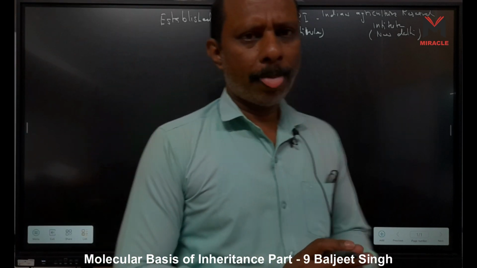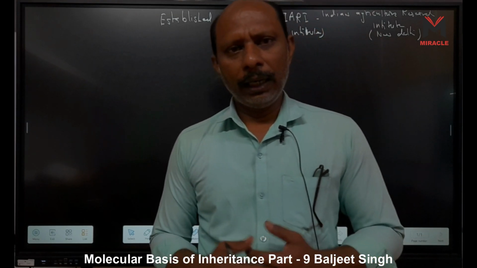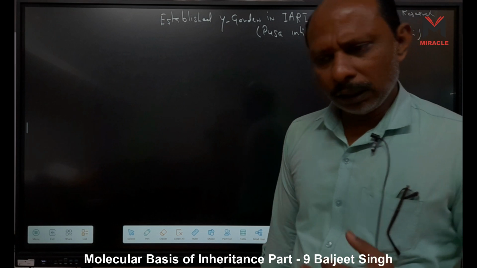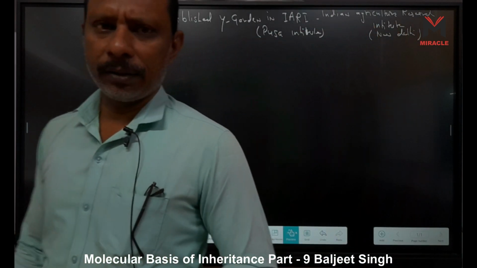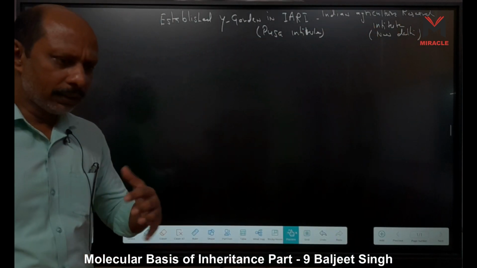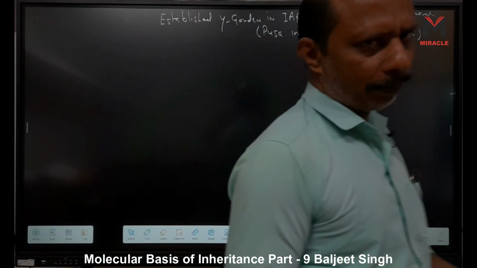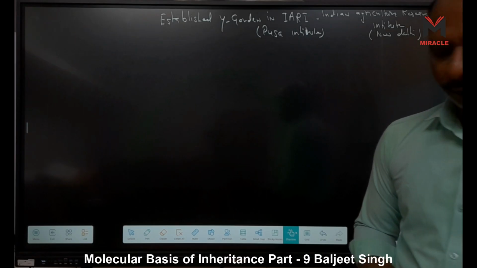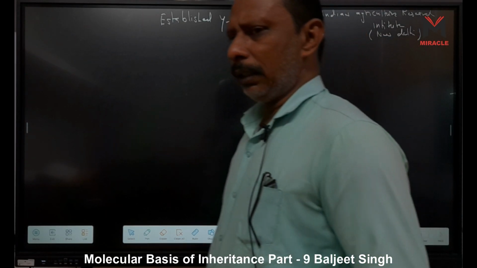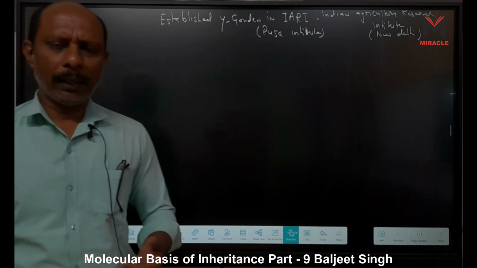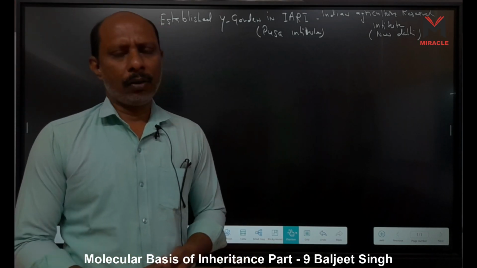Whole chromosome means either the number is increased or decreased, or the chromosome structure or shape is altered. If the structure or shape is altered, it is called chromosomal aberration. And if the number is altered, then it is called ploidy, right? It is also two types, heteroploidy.